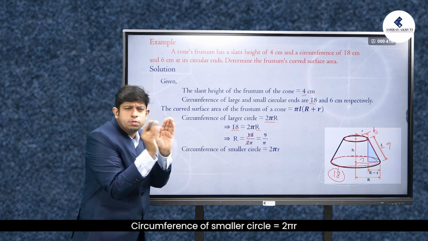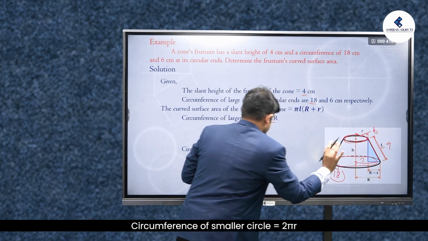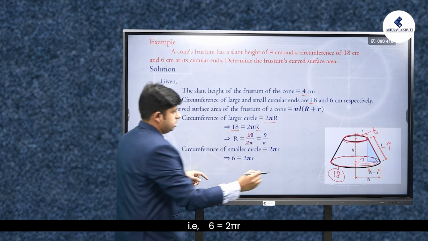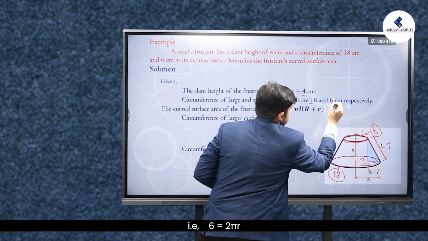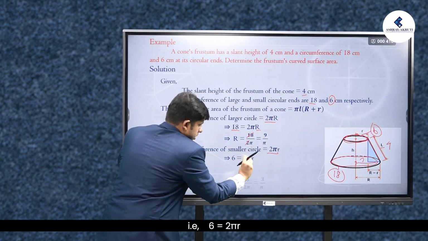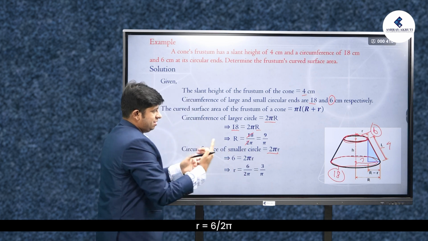Circumference of smaller circle is equal to 2 pi r. That is 6 is equal to 2 pi r. r is equal to 6 by 2 pi.